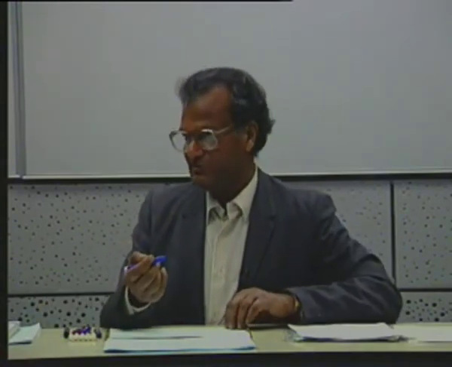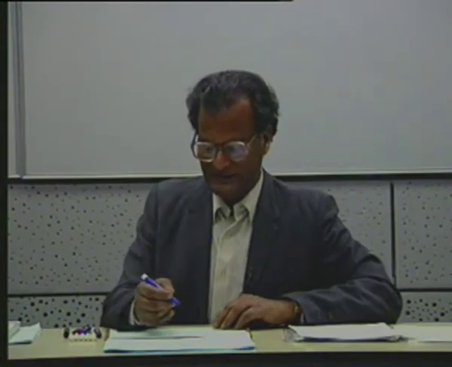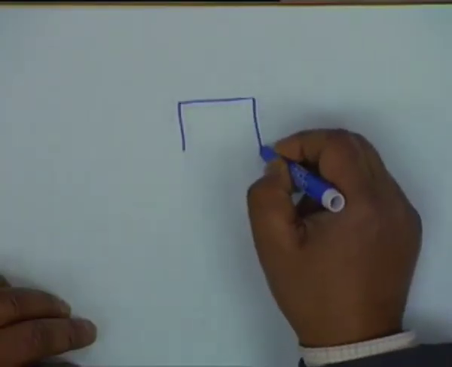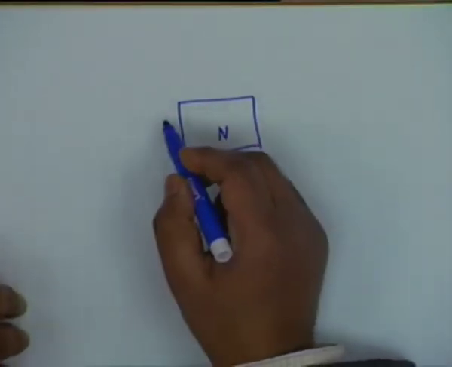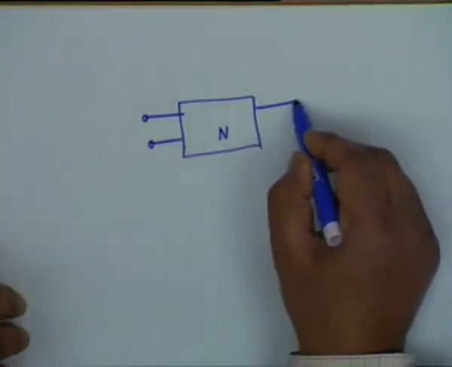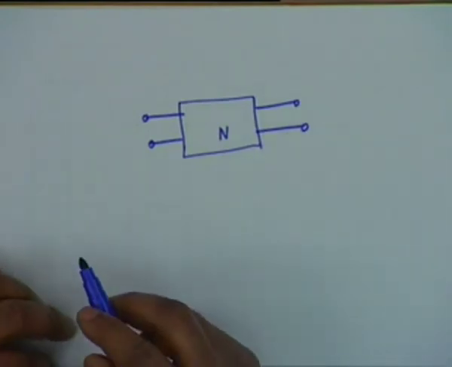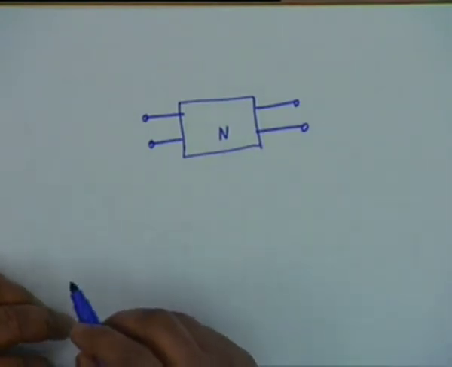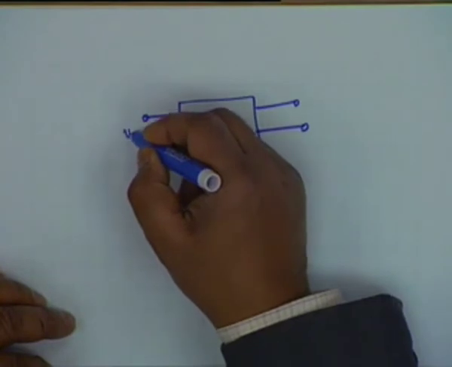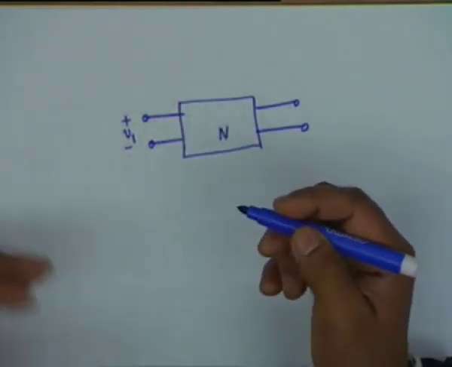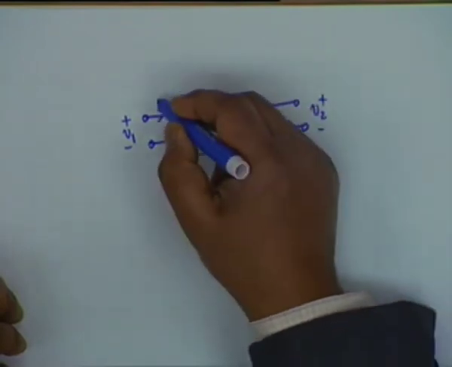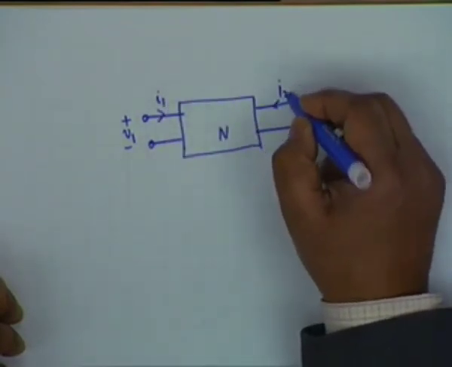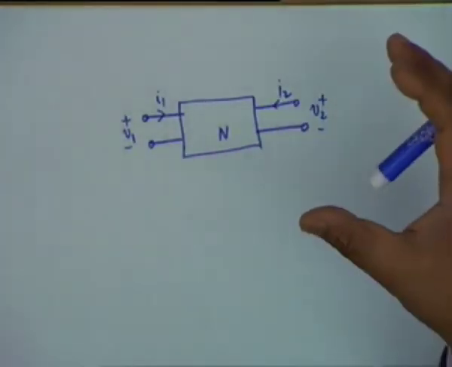To investigate the relationship between the transfer admittances, we consider a two-port in general. Let us say capital N is a general two-port. What are the things that you can do? You can apply two voltage sources and measure the currents. You can't reach inside the network, you have only two ports.